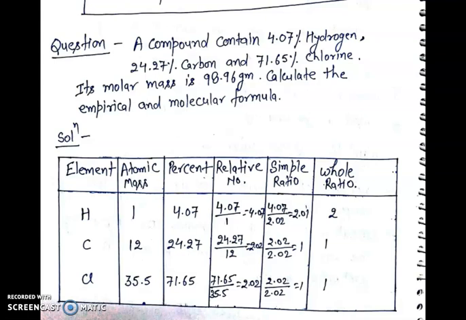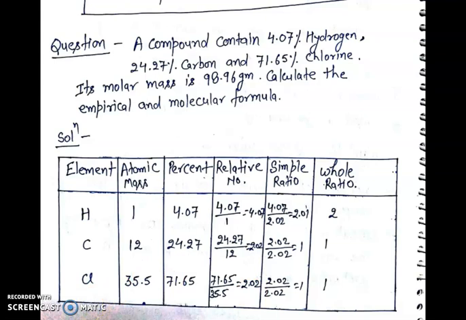Here the percentage of chlorine is 71.65 divided by their atomic mass, that is 35.5, and we get the relative number of chlorine, that is 2.02. As we are seeing, the smallest relative number is 2.02.